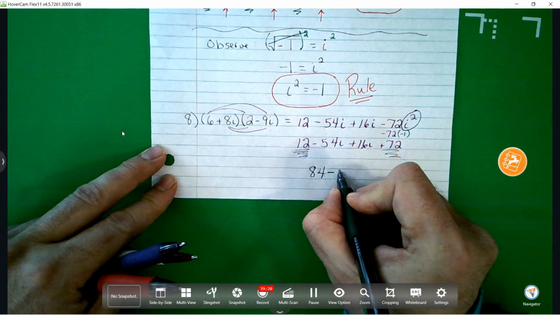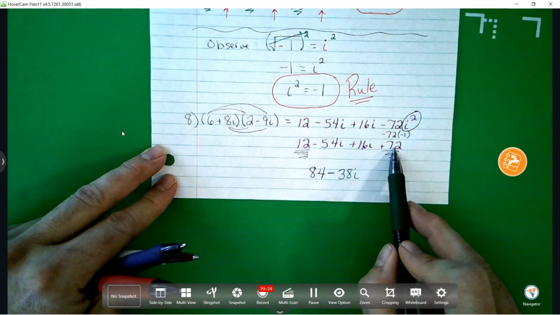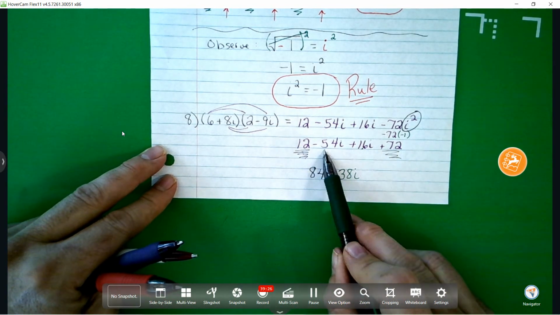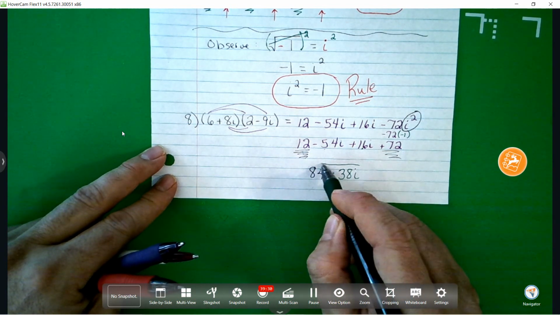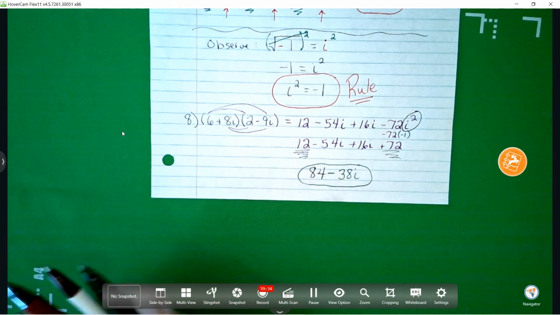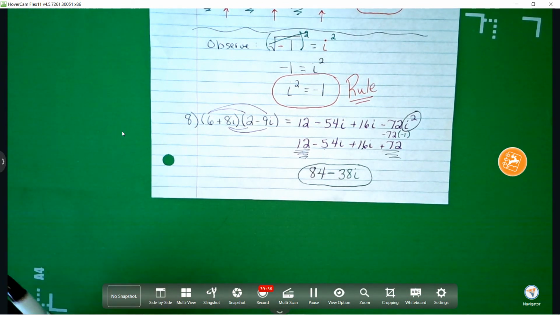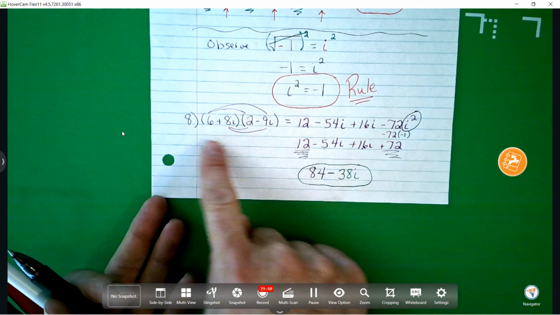Is that a 38? So I added the real numbers together, and then I combined the imaginary numbers together. So 84 minus 38i.